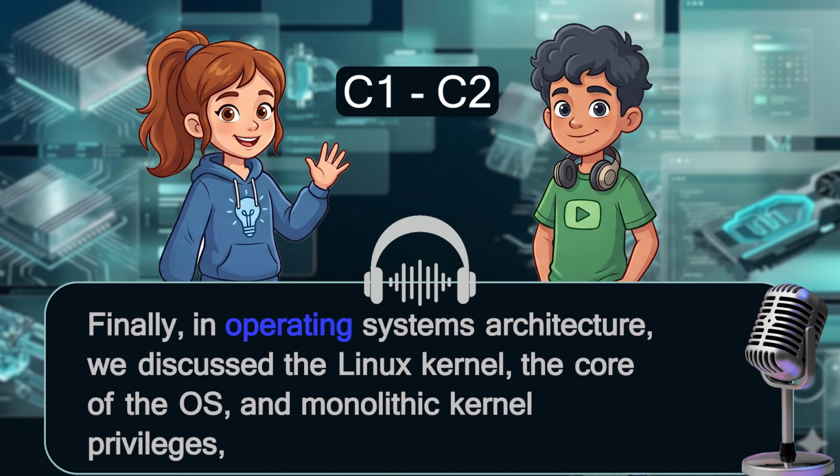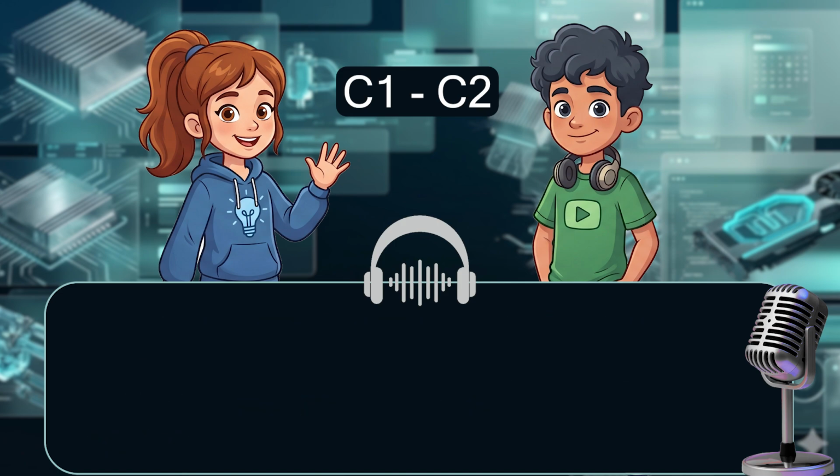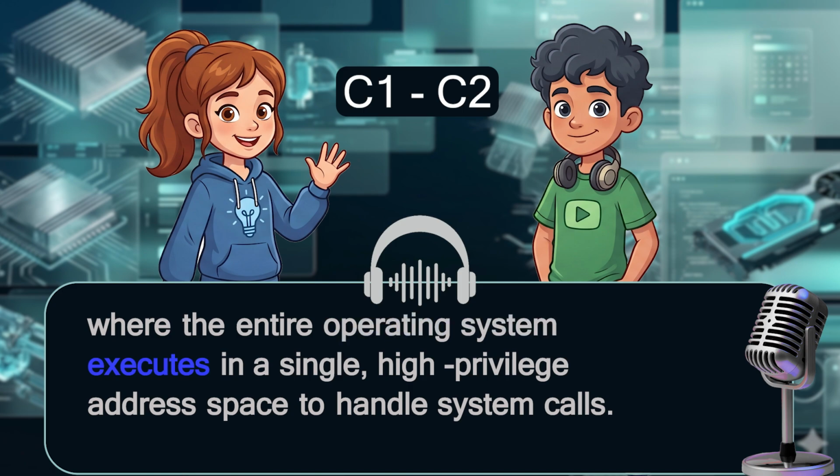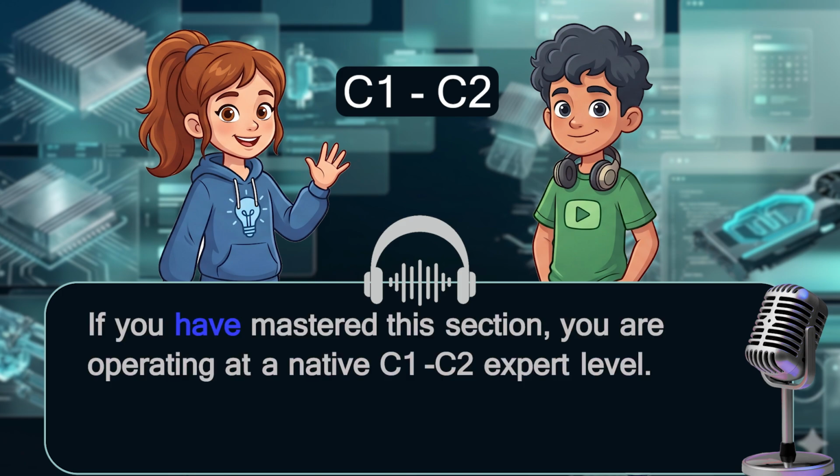Finally, in operating systems architecture, we discussed the Linux kernel, the core of the OS, and monolithic kernel privileges, where the entire operating system executes in a single high privilege address space to handle system calls. If you have mastered this section, you are operating at a native C1-C2 expert level.